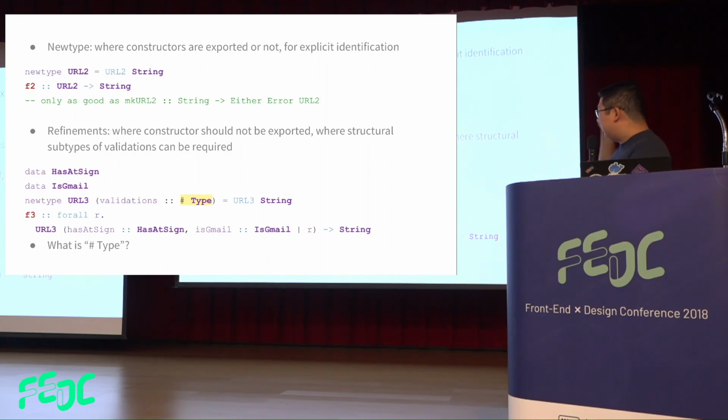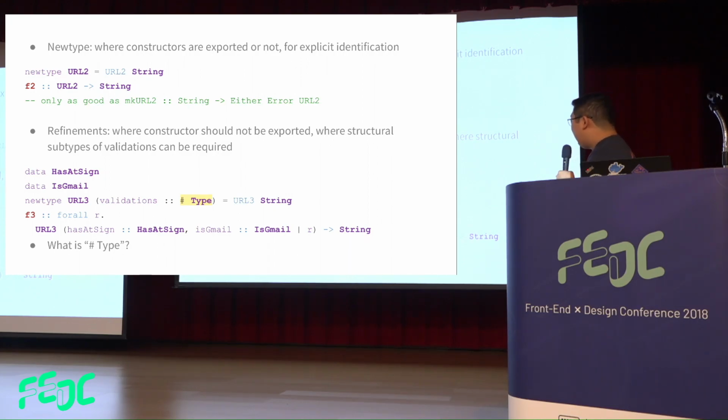And you can say that URL3 can be constructed with a string where I have these validations applied to it already, so that when you create this value statically in a concrete code path, you know that the hasAt validation and the isGmail validation have been run. And this is called a refinement type. It's something that you typically don't see, but it can be quite powerful to work with.